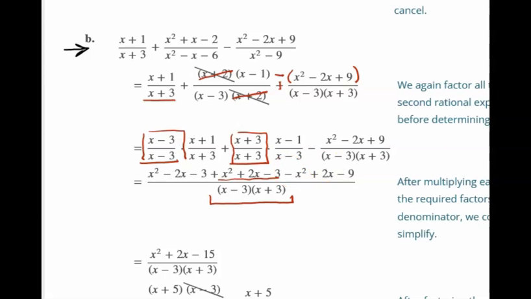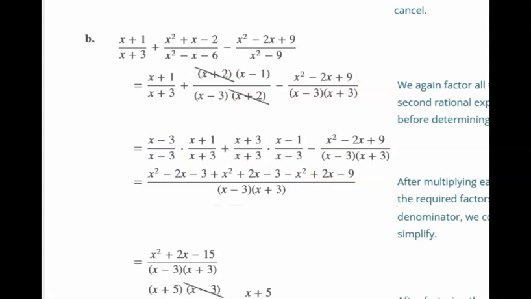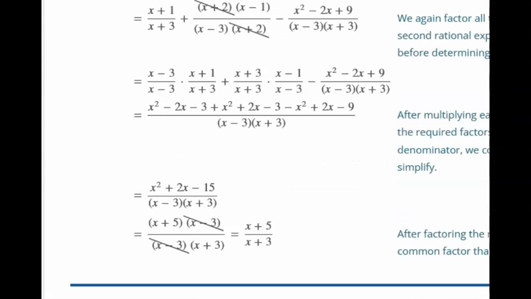And now I'll clear it up and combine like terms. And the challenging part here is to double check your work. Be careful with the signs. An error can easily be made.